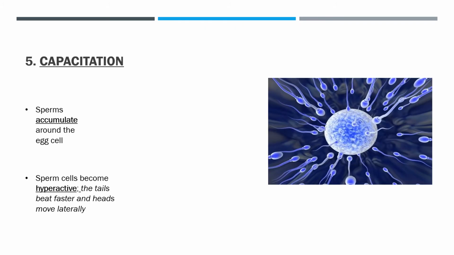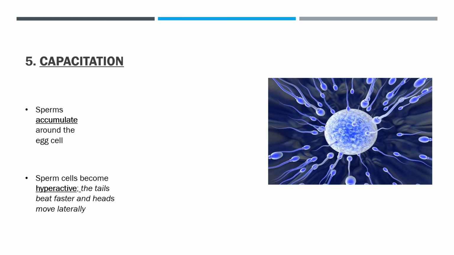So what happens in the fallopian tube is that sperms reach the egg. When they reach the egg, they accumulate around it. They then become hyperactive, as in their tails begin to beat faster and heads move laterally. Their next objective is to reach the plasma membrane of that oocyte, but only one can reach that plasma membrane.